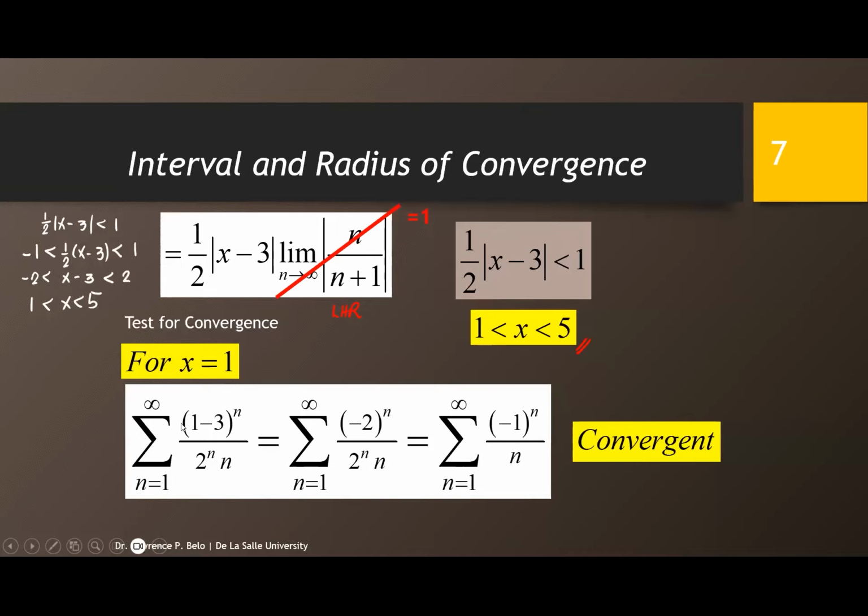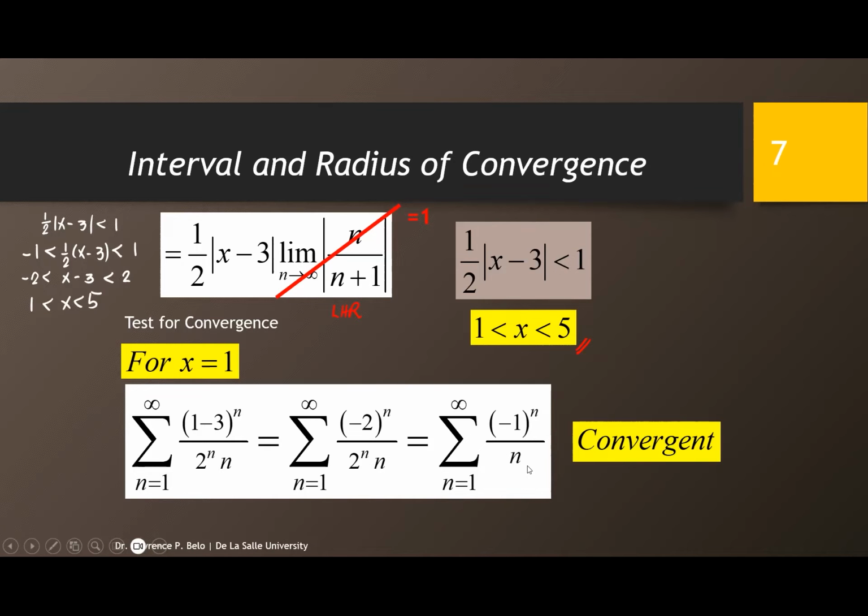So when x is equal to 1, that becomes 1 minus 3 to n all over 2 to the n. What you'll notice is this is -2. So I combine the top and the bottom because both of them are raised to n. -2 over 2 is -1 to the positive n all over n.